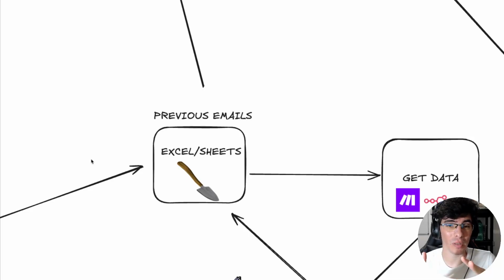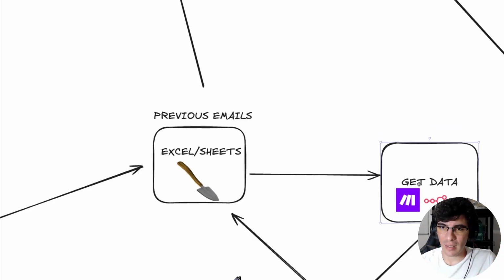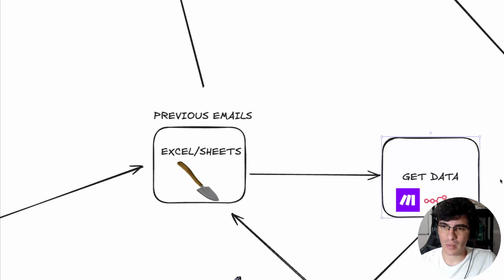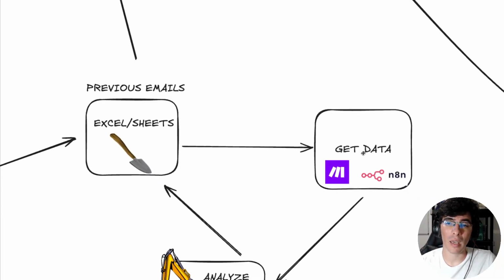That's one way to do it. The second way is, instead of that, let's get some data. We can use tools like n8n, like Make. There's a bunch of them. And what these tools do is let us connect the plumbing, the piping between AI and systems that already work.